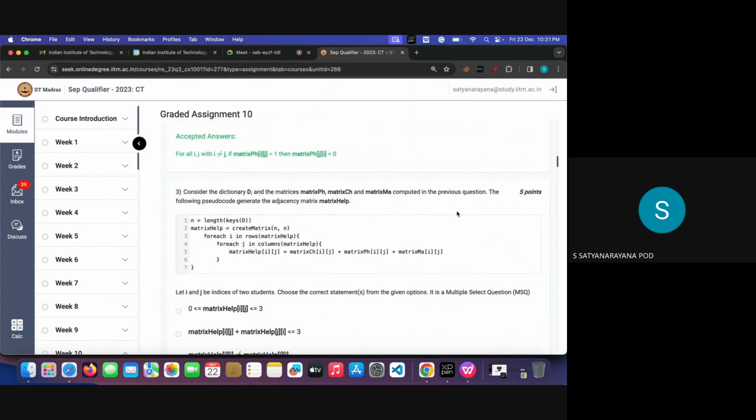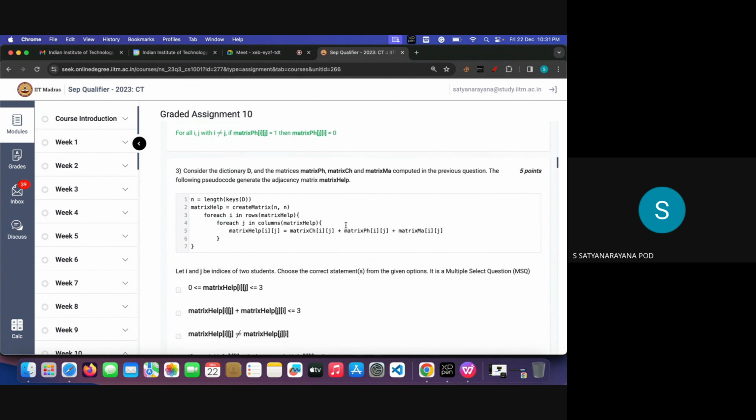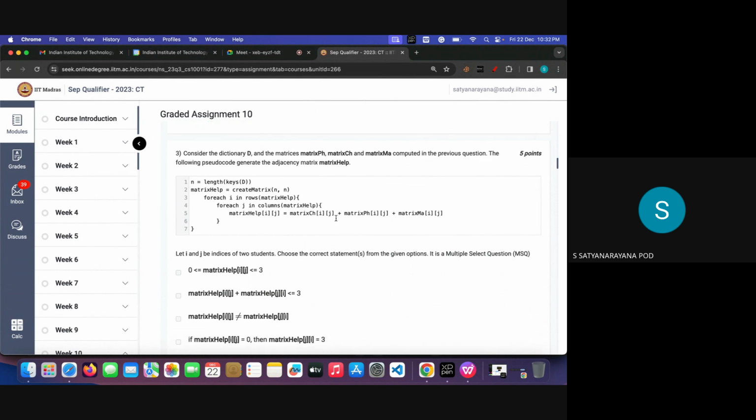So now the third question. Already the matrices are computed. The following pseudocode generates the adjacency matrix of help. The help matrix is created. What the help matrix is taking is the summation of all three matrices, the addition of the three matrices. So matrix help is the matrix of Ij.